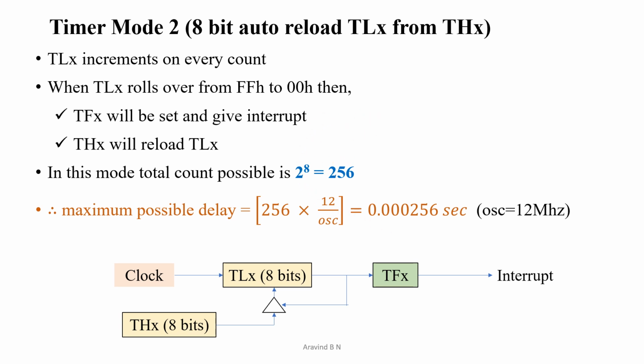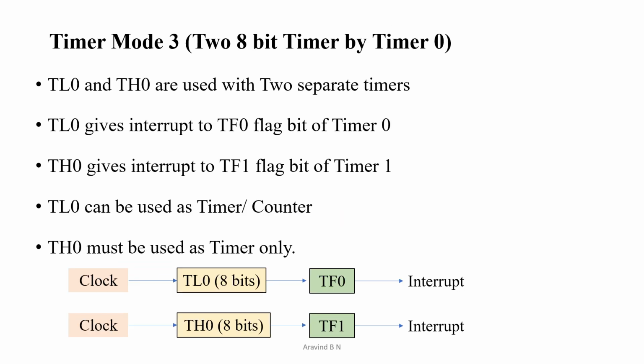And let us get into the timer mode 3 operation. In the timer mode 3, it is two 8-bit timers by timer 0 only, right? So this is a special case. Clock TL0 is an independent 8-bit counting operation that is going to perform.